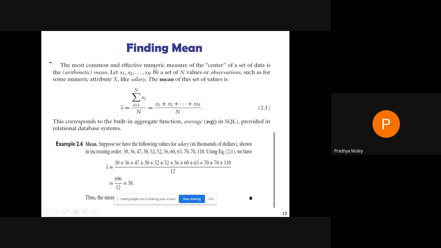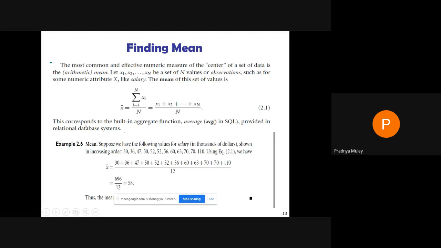The most common and effective numeric measure of the center of a set of data is the arithmetic mean. For example, let x1, x2 up to xn be a set of n values or observations, such as for some numeric attribute x, like salary. The mean of this set of values is x bar, that is, the mean is equal to the summation of xi from i equals 1 to n, that is all data, divided by n, which is equal to (x1 plus x2 plus up to xn) divided by n.